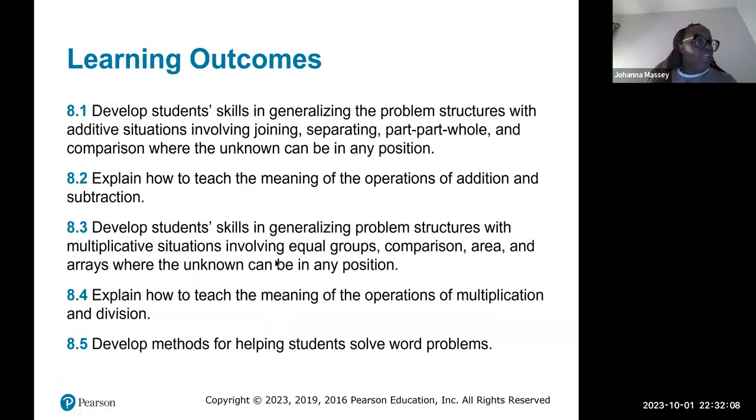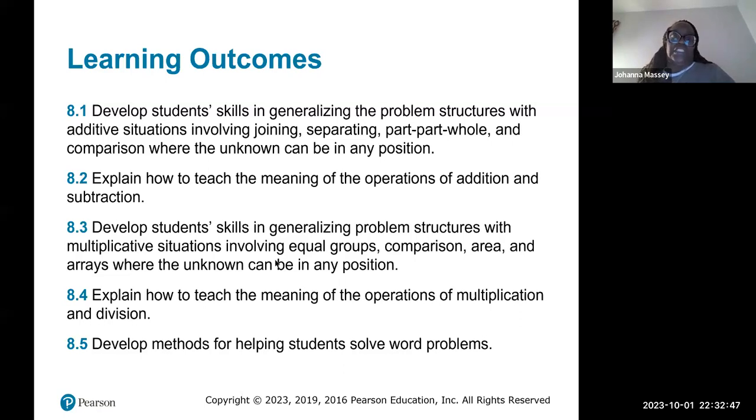So here are the learning outcomes. We'll develop students' skills in generalizing the problem structure with additive situations involving joining, separating, part-whole, and comparisons where the unknown can be in any position. 8.2: explain how to teach the meaning of the operations of addition and subtraction. 8.3: develop student skills of generalizing problem structures with multiplicative situations involving equal groups, comparison, area, arrays where the unknown can be in any position.